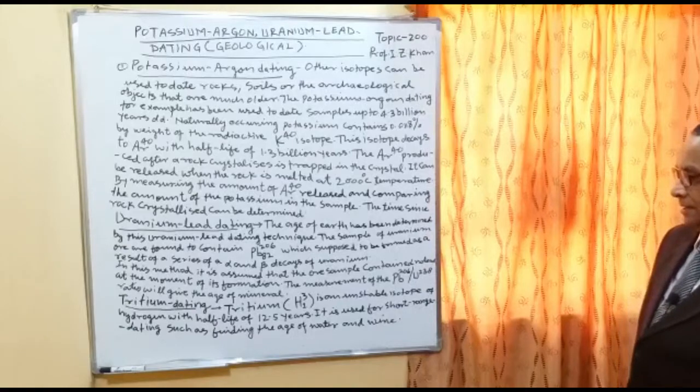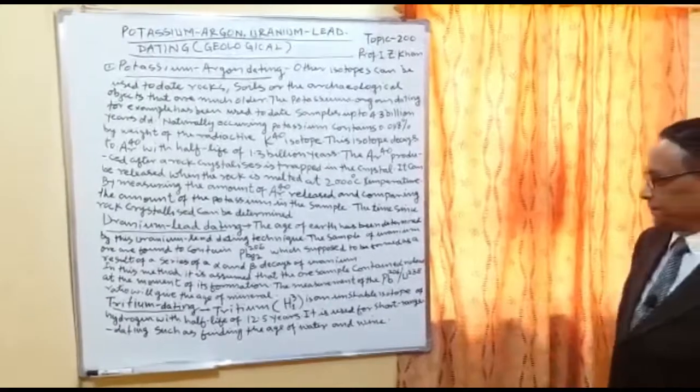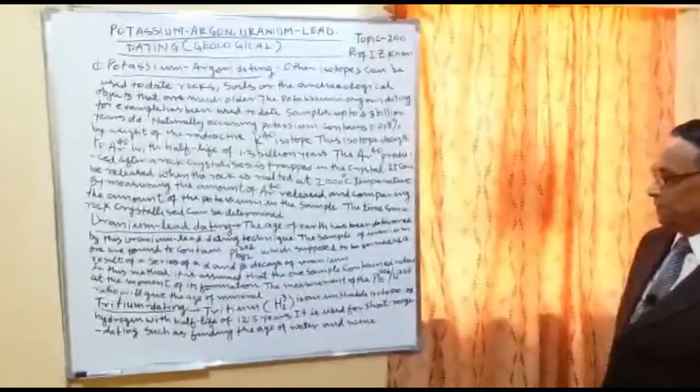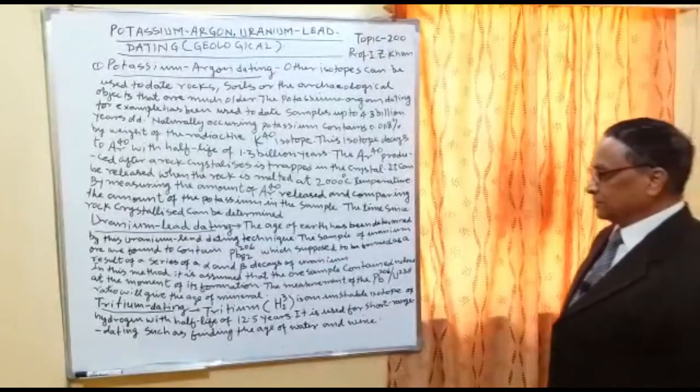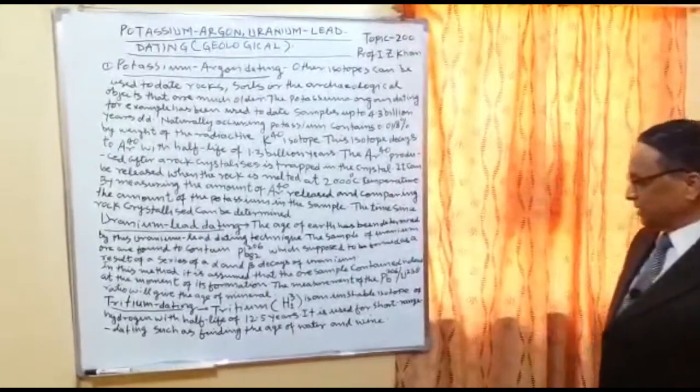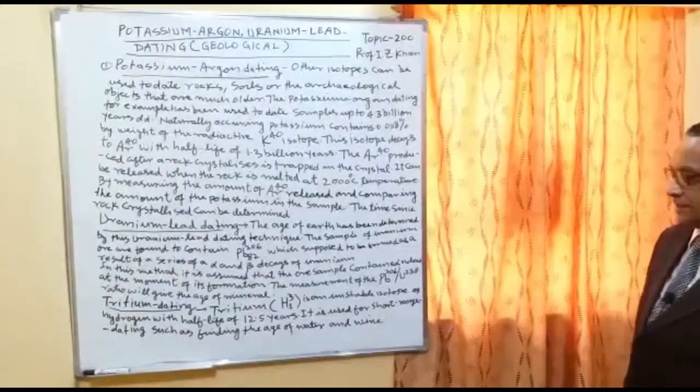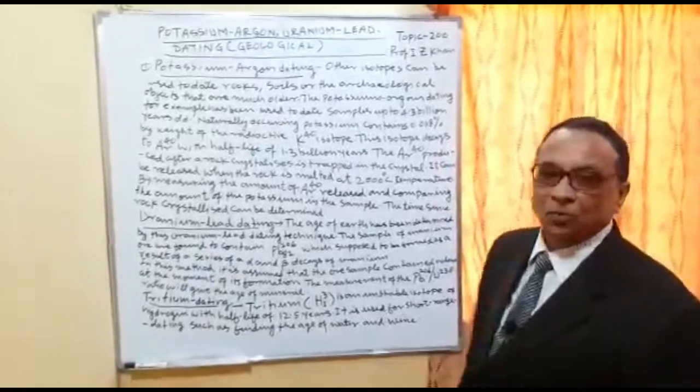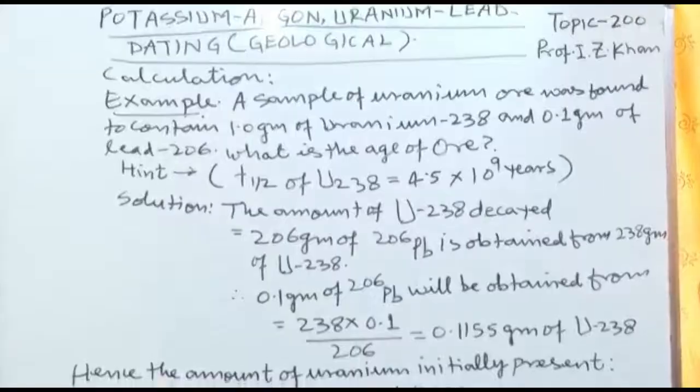Tritium dating: tritium, H-3, is an unstable isotope of hydrogen with a half-life of 12.5 years. It is used for short-range dating, such as finding the age of water and wine.